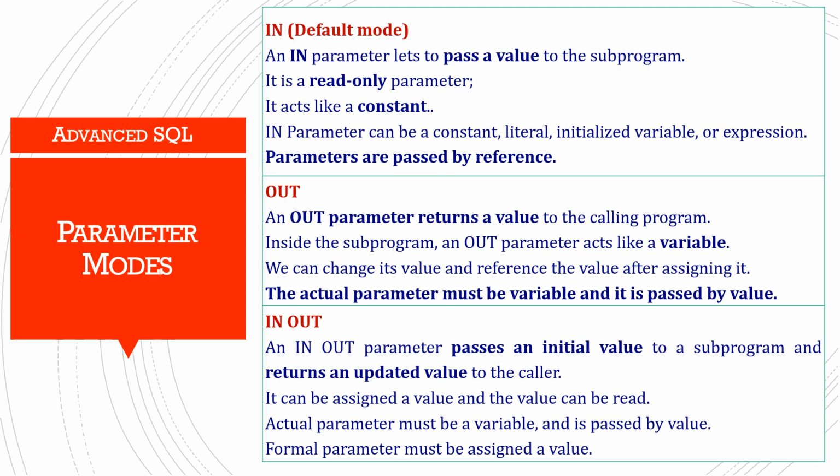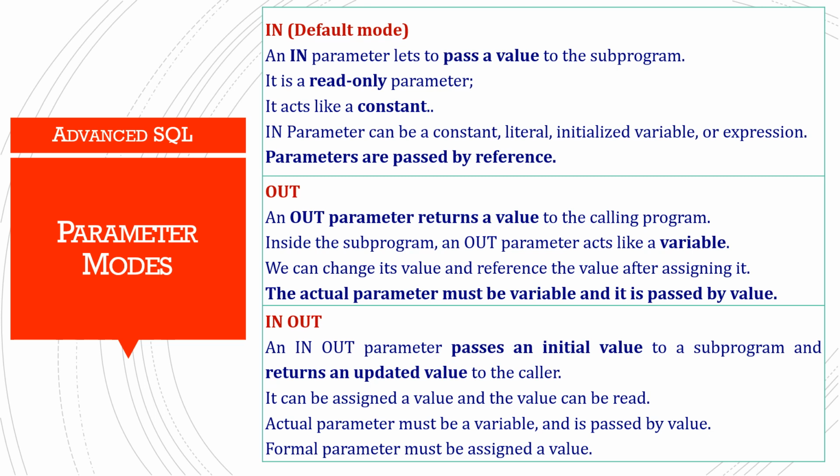The third mode is IN OUT mode. This parameter passes a value to the subprogram and returns a value to the calling program, so it works in both IN and OUT mode. By means of the IN mode, it passes an initial value to the subprogram, and in the OUT mode, it returns an updated value to the calling program.